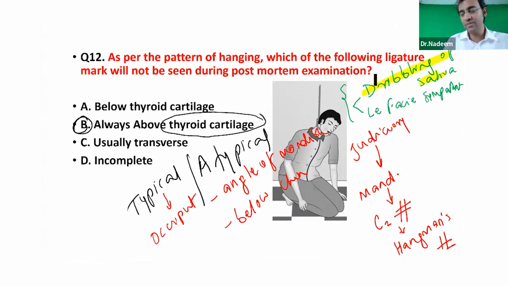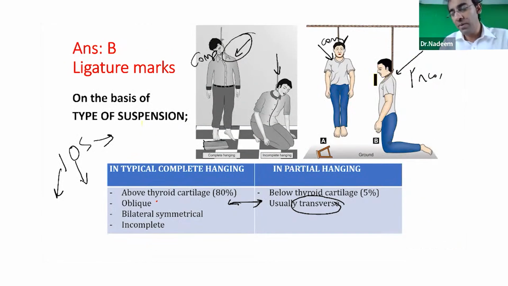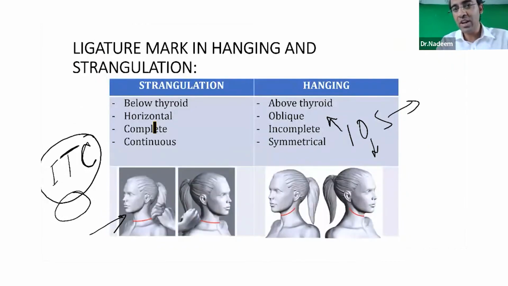Fine. So I hope all these points are completely clear to you. You cannot take a chance to miss the points related to ligature marks. How to differentiate complete hanging and partial hanging, how to differentiate strangulation and hanging: very, very important.